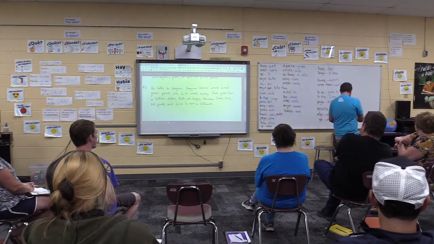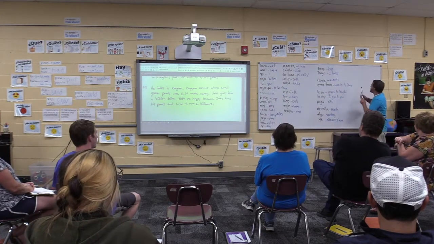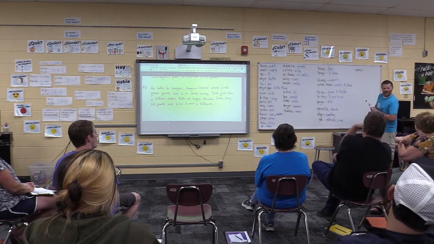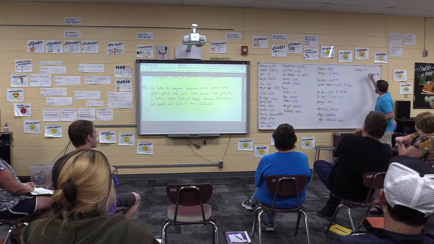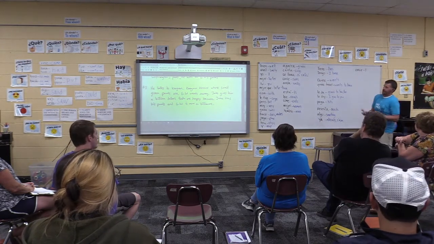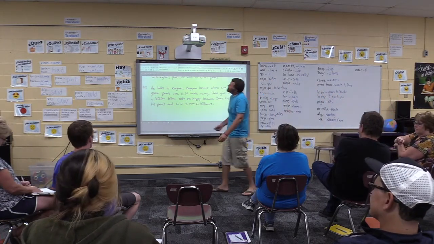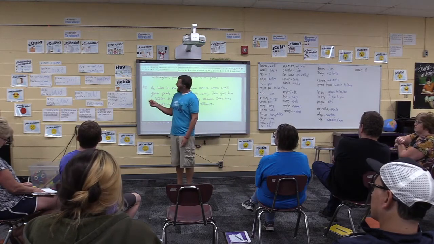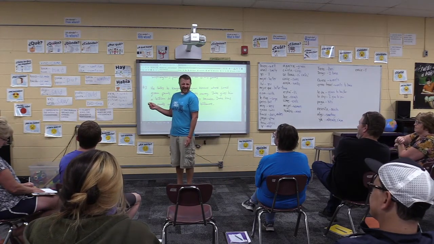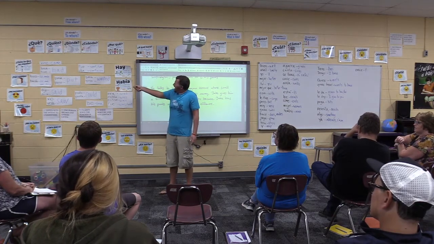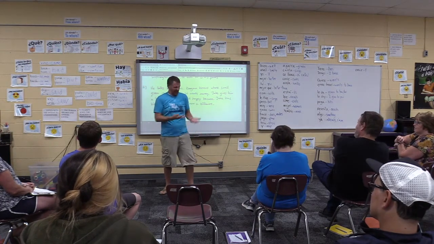Trish le da 11 gatos. ¿Cómo se dice en inglés 11? 11. Yeah. Trish le da 11 gatos. ¿A quién? Trish le da 11 gatos. ¿A quién? ¿A quién le da 11 gatos?